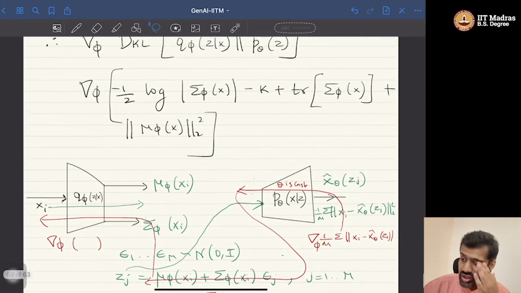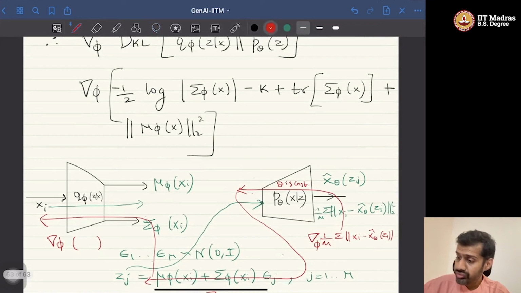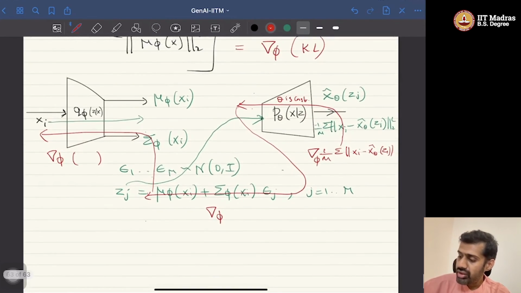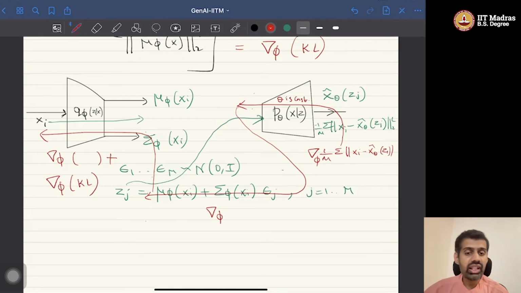Let me call this term the grad of KL, just to have some symbol to use. After you pass it through the encoder, this thing will simply get added with the grad of KL. That's all. You add because the gradients are linear.